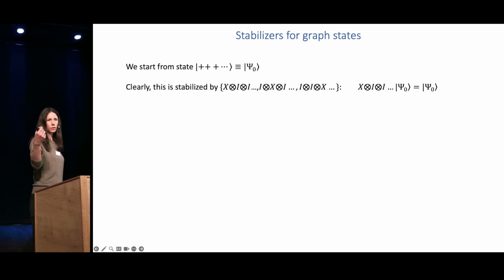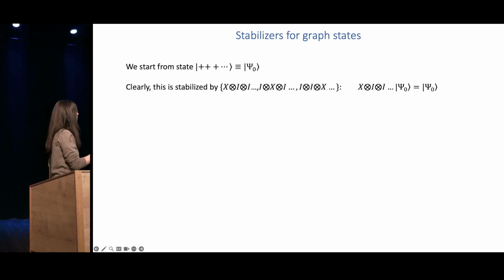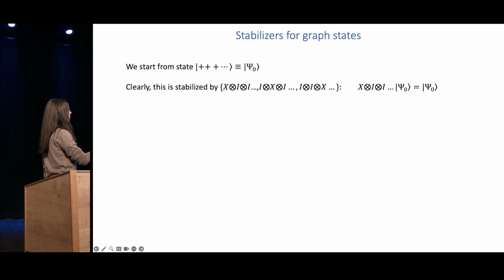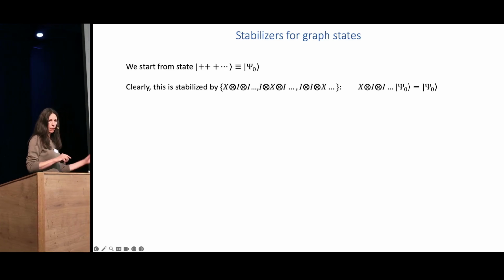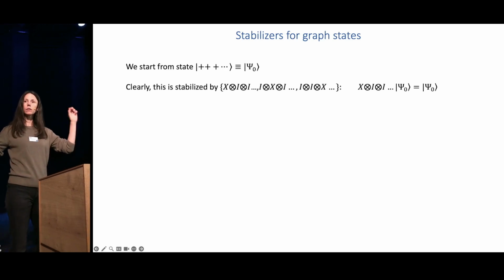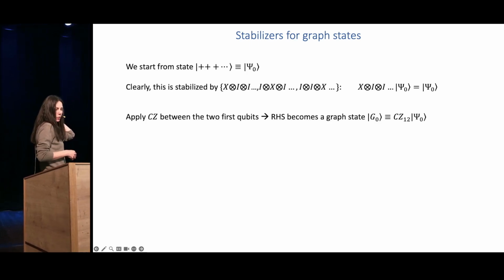If I apply X on 0 plus 1, I get back 0 plus 1, eigenvalue 1. But now I have n of these, so my stabilizers are just going to be moving the X on a different qubit. All right, so I'm going to have n of these, where the X moves around and identities on everything else.